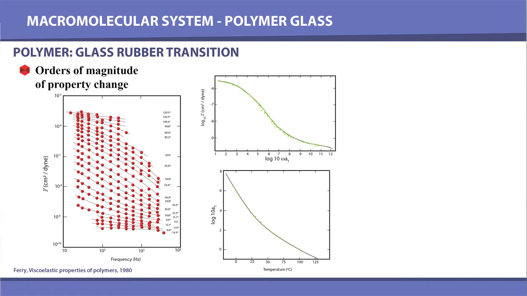Here we have low temperature and compliance is very low, or in other words modulus is very high, and as we increase the temperature the compliance becomes more and more, or the material has less and less modulus. You can see that there is a systematic variation, and there are 3 or 4 orders of magnitude of change in the compliance when one goes from minus 14 to 129.5.